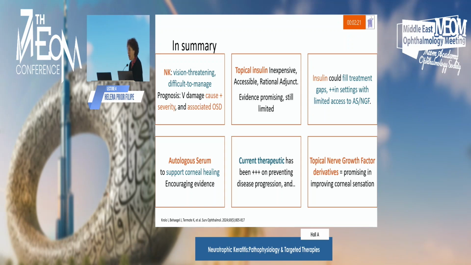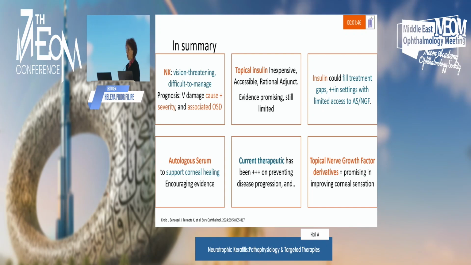It's a rational adjunct, and the evidence is promising, but we still have limited information about it, and it can also help in settings where there's limited access, for instance, to autologous serum or nerve growth factors. Autologous serum can support corneal healing, and it has encouraging evidence. And if we can have access to it, it's a very important partner in managing these kinds of situations.